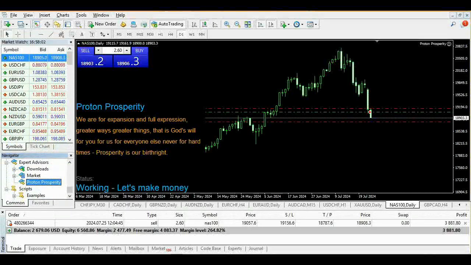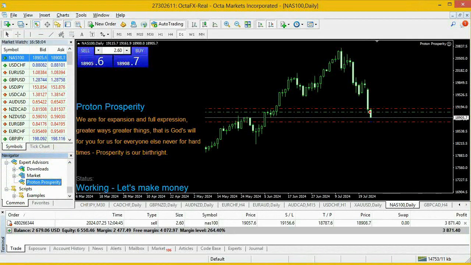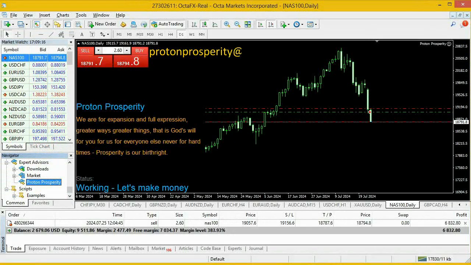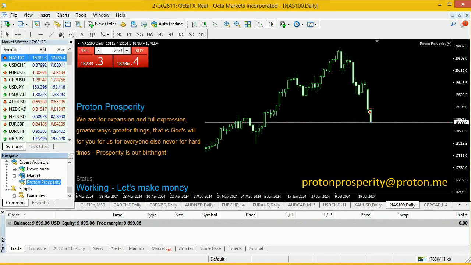A couple of minutes later, we are below the halfway mark. And 5 hours 4 minutes into the trade, take profit triggered.